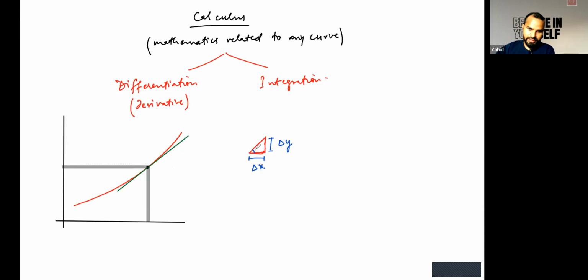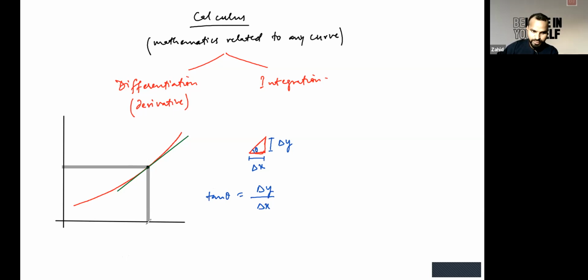And there would be an inclination in between, let's say theta. So if you calculate slope, it will be tan theta, which is nothing but the ratio of perpendicular and base. Now, differentiation is splitting of a curve into infinitely small strips.